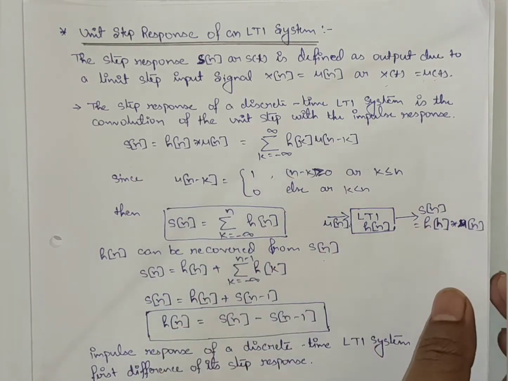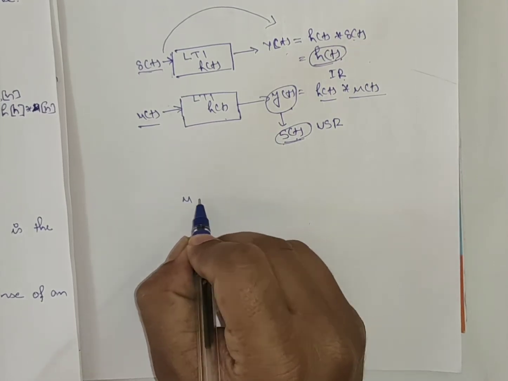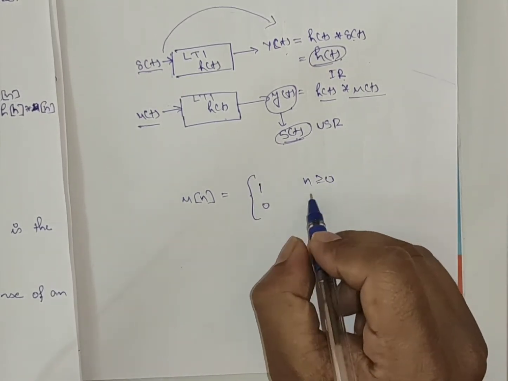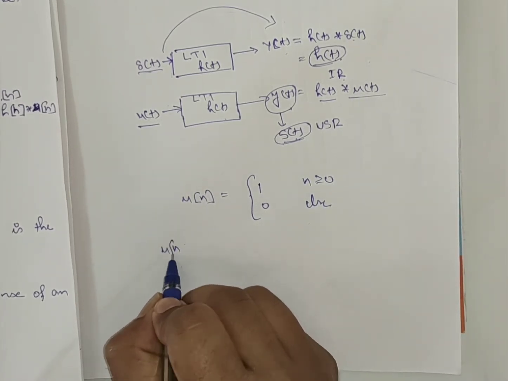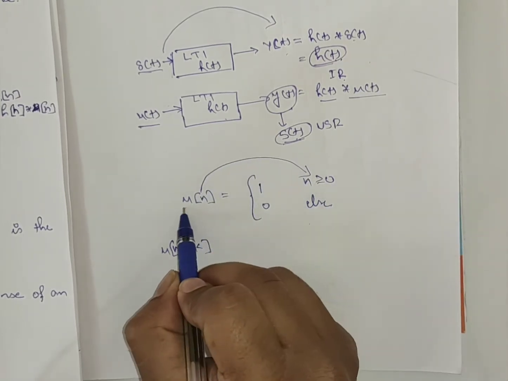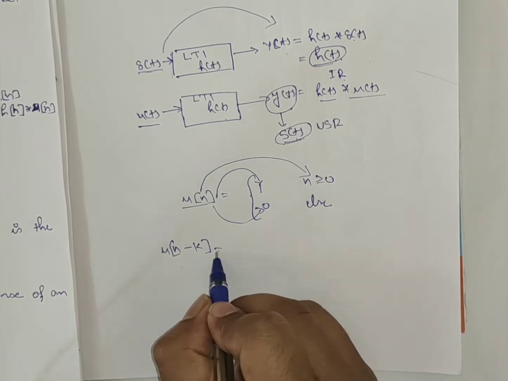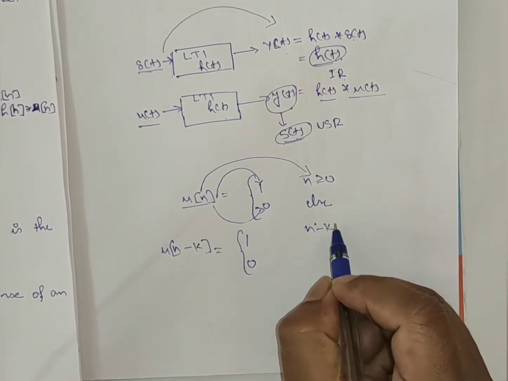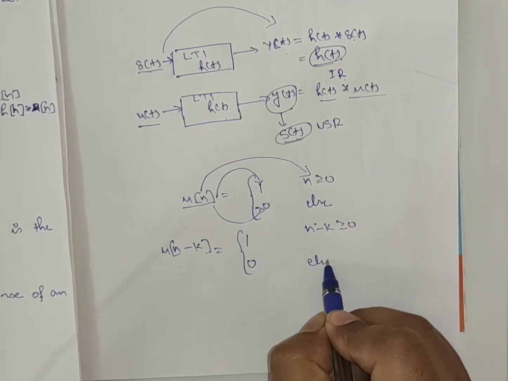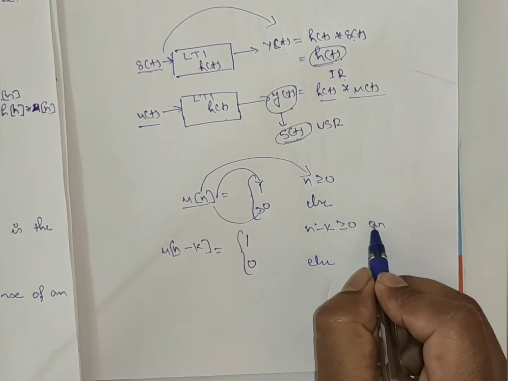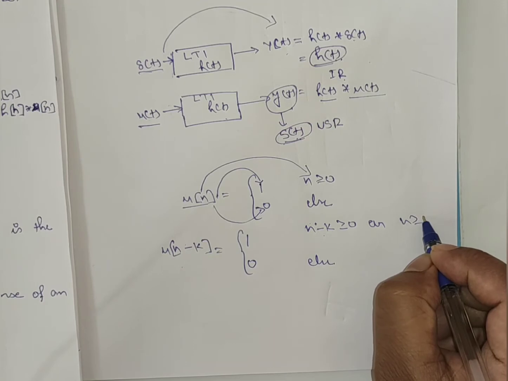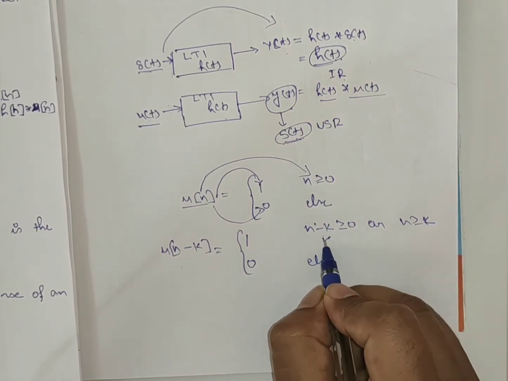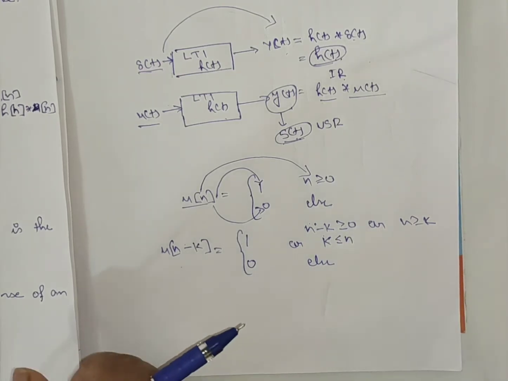As we know, u[n] is defined as 1 when n is greater than or equal to 0, and 0 otherwise. Here our need is u[n minus k], so n is replaced with n minus k, which is 1 when n minus k is greater than or equal to 0, and 0 otherwise. Since our variable is k, this is also written as k less than or equal to n.